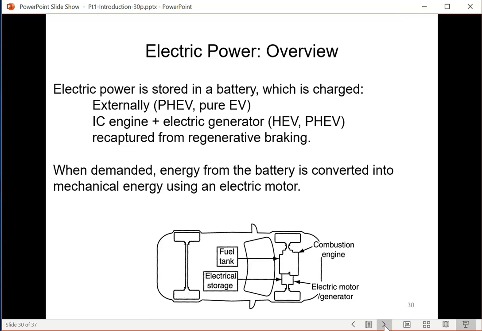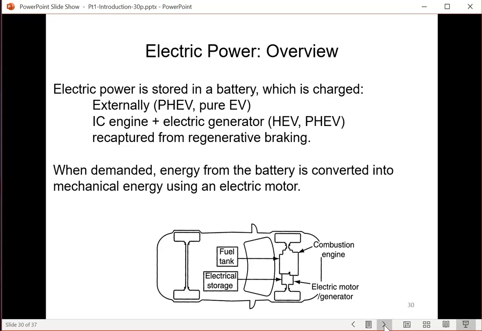It can be charged via an IC engine and generator on any hybrid electric vehicles. And of course, it can be recaptured from regenerative braking.